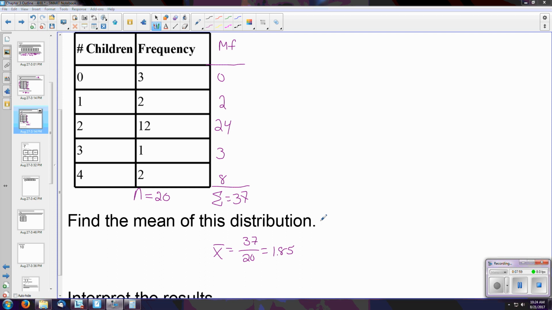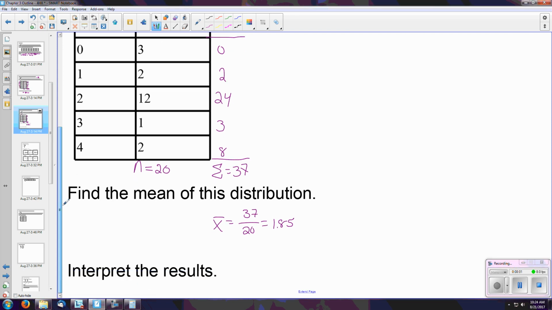So what does this imply, right? If I said to interpret the results, well, use our common sense for a second. Technically, the number of people is a discrete figure, so saying that the mean is 1.85 may not make sense. However, we could say that, according to this, the mean number of children people in Wilmington, Delaware have is somewhere between 1 and 2 children.